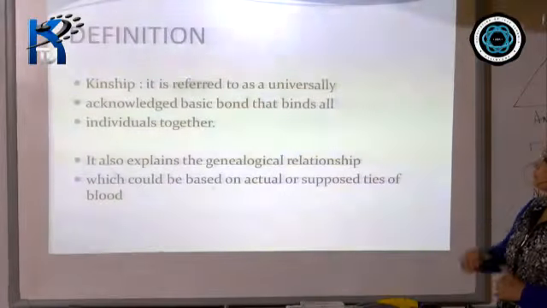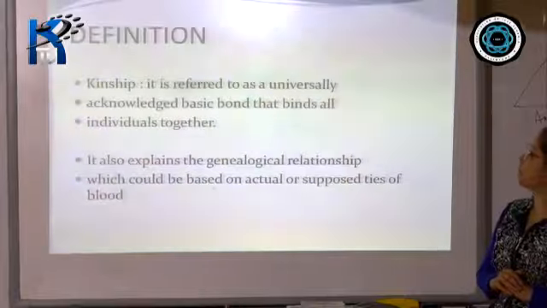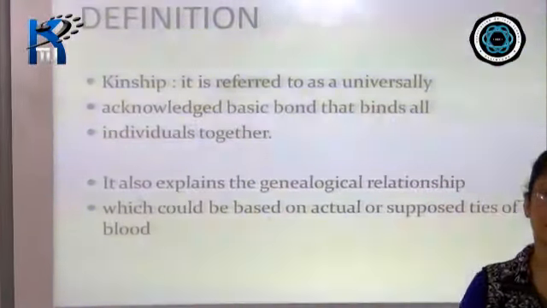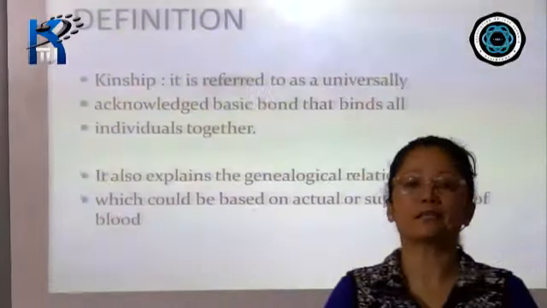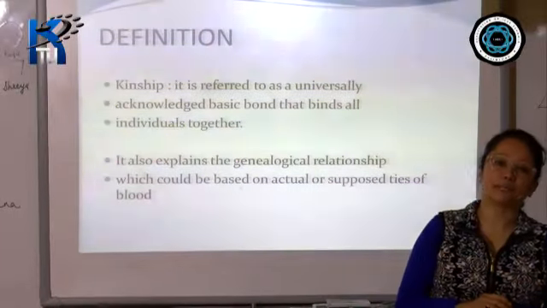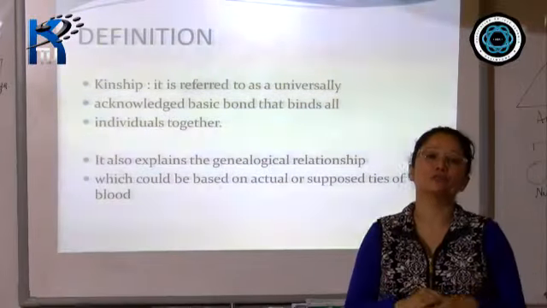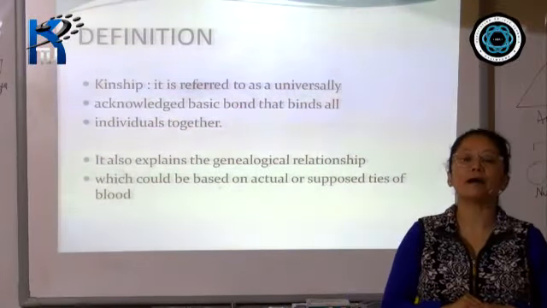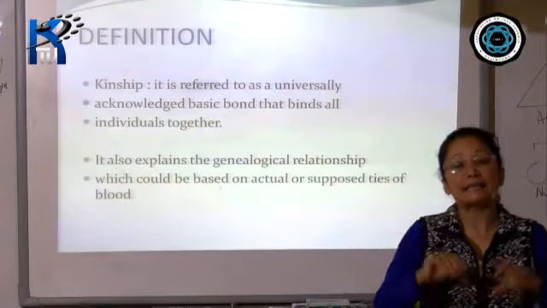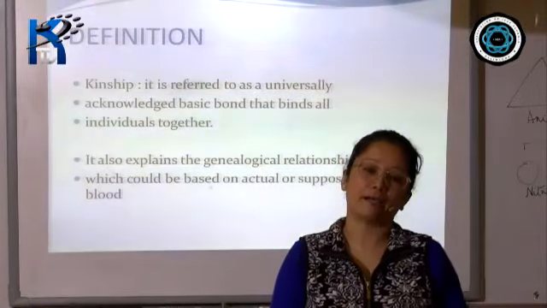It says here, kinship is referred to as universally acknowledged basic bonds that bind all individuals together. And whenever I have explained kinship, I've always told my students, just imagine yourself as a spider and you are in the middle of the web that you have just woven. A spider's web is very intricate, it is very fascinating, and in that pattern, just imagine yourself as that little spider.